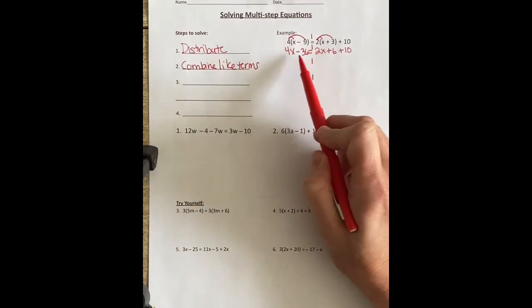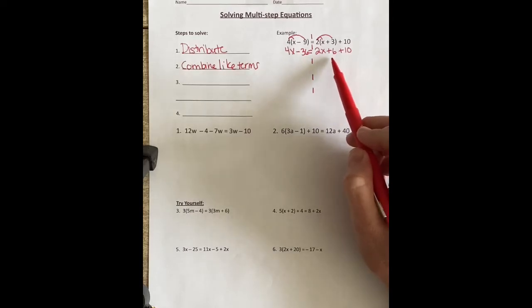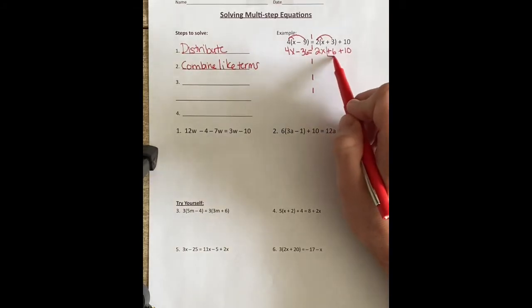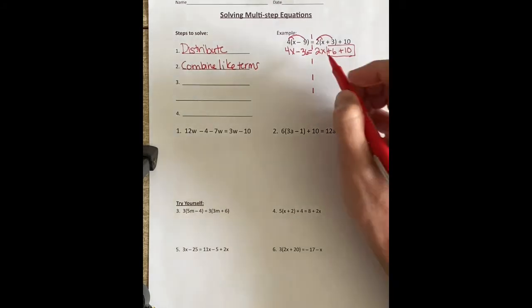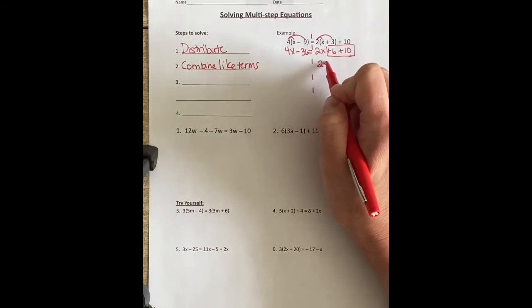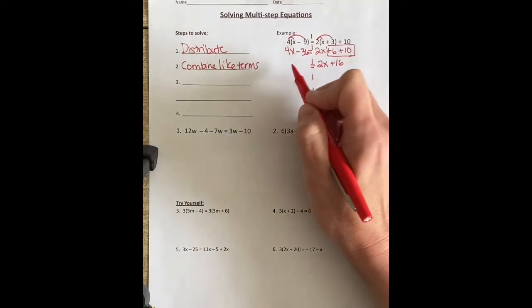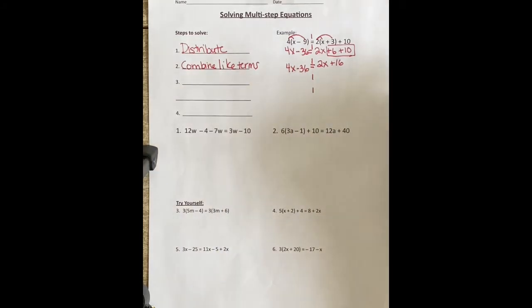Those terms are not like, so I cannot combine them. On my right side, I have 2x plus 6 plus 10. 6 and 10 are like, they're constants, so I can combine these together. So 6 plus 10 would be 16. So now I have 2x plus 16 on my right side and 4x minus 36 on my left side.